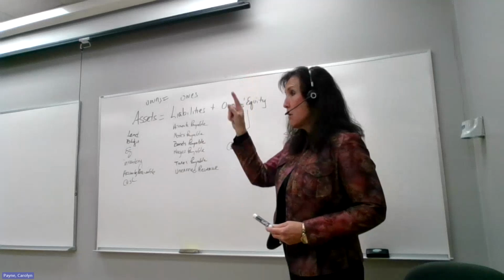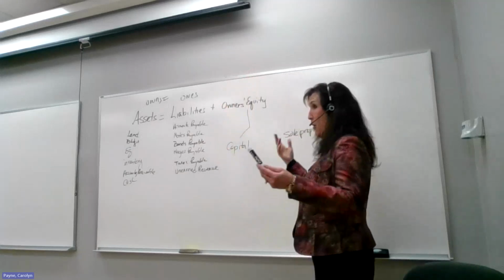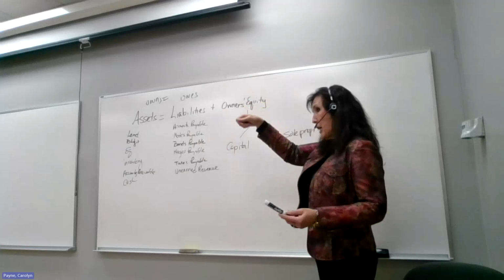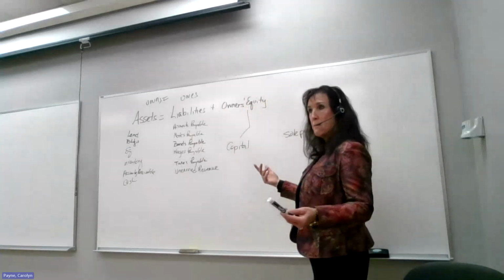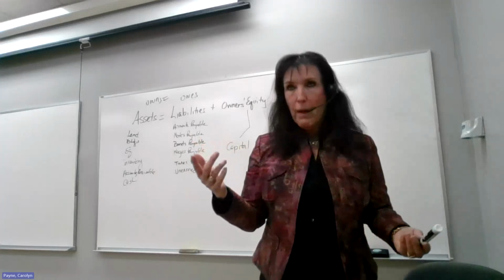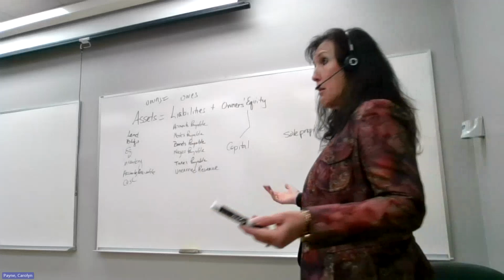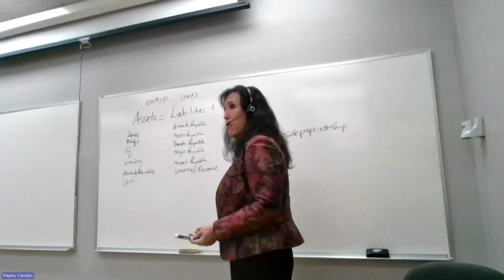One sole proprietor or owner, one owner. So sole proprietorship, United States, all we have to do is hang out a shingle, bam, you're a business, right? So it doesn't take any kind of legal paperwork or anything to set up a sole proprietorship. Every one of you could be a sole proprietor if you want, and you may be.